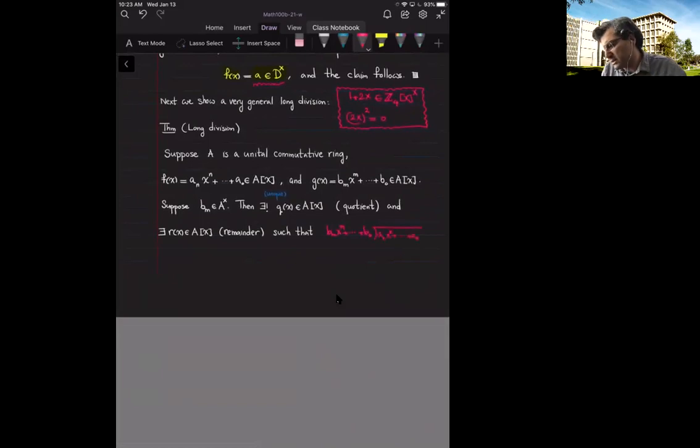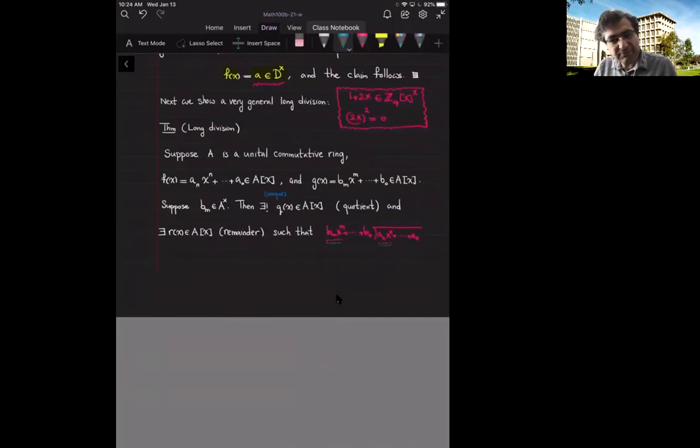So the first thing that we do is the following. We look at this term. If the degree of this is less than this one, we are done. That's our remainder. If it's not, we are going to match them. What do I mean by match them? This means I'm going to multiply b_m x^m by some single term to match a_n x^n, because I'm going to multiply and then subtract to get a polynomial of a smaller degree and then try to continue this process.